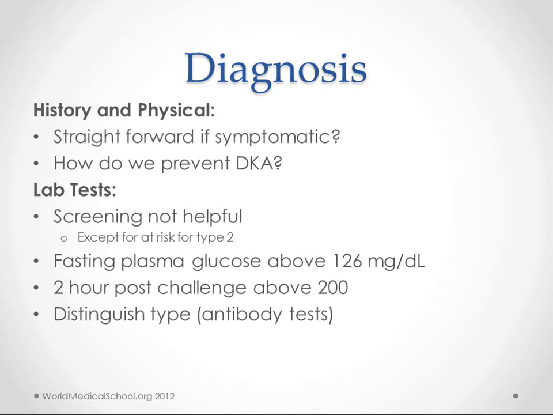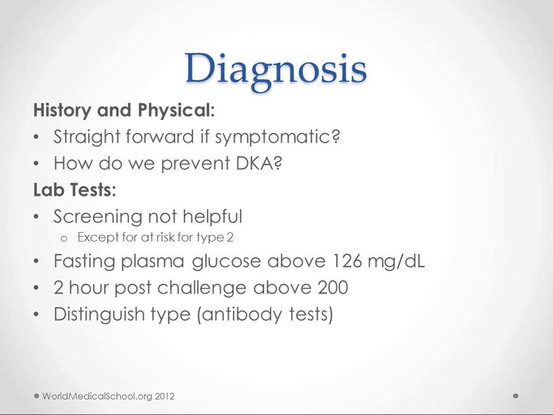So the lab tests that we can do, we do have some tests that are helpful, or that we could use for screening, but they're just not helpful in type 1 because, first of all, you get false positives if we're talking about antibody tests that we can see that we have autoantibodies for beta cells.